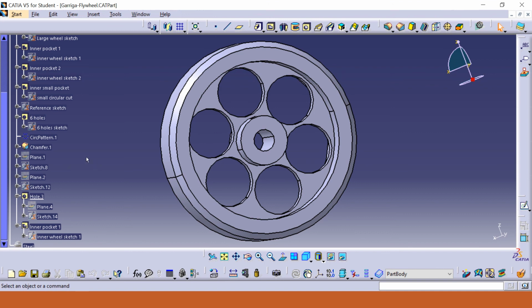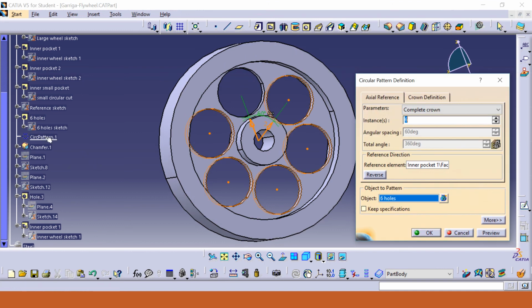This hole was created by using one hole and then the circular pattern tool, and this pattern used 6 instances of equal distance between the circular surface, right? So here I used the crown definition to successfully make the holes inside the wheel.